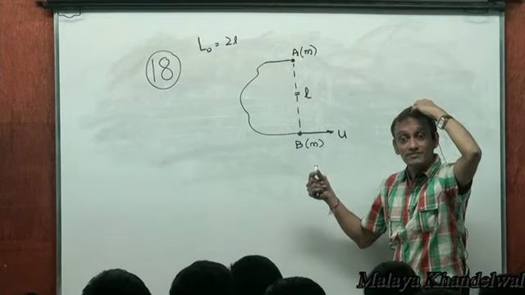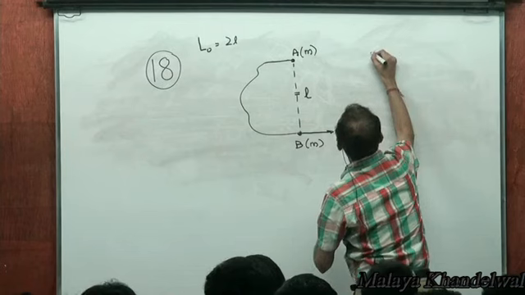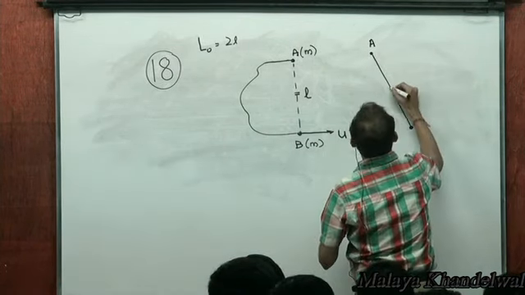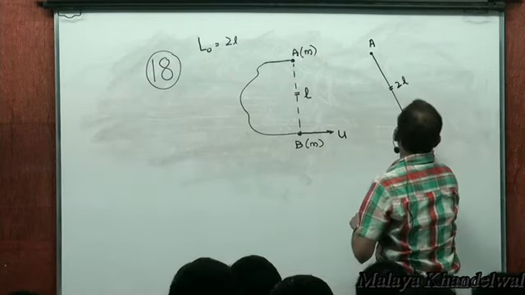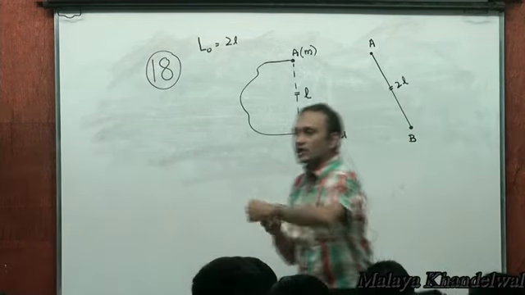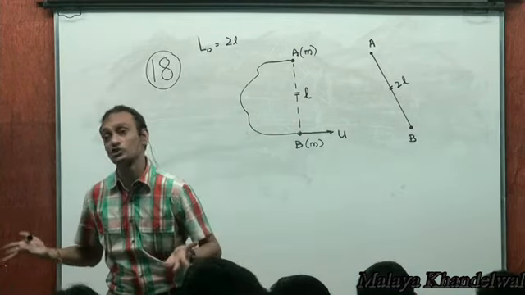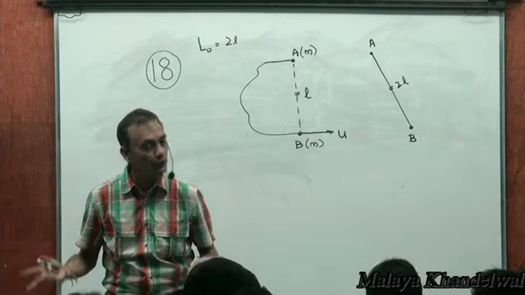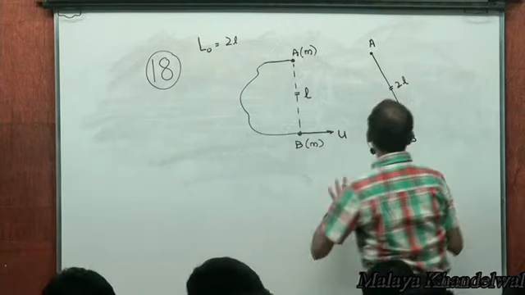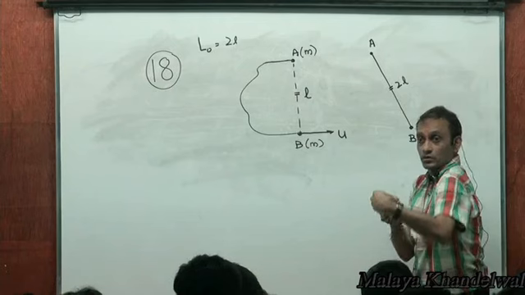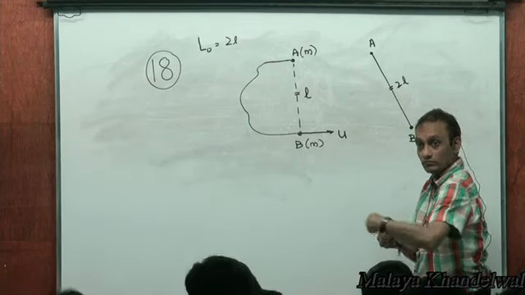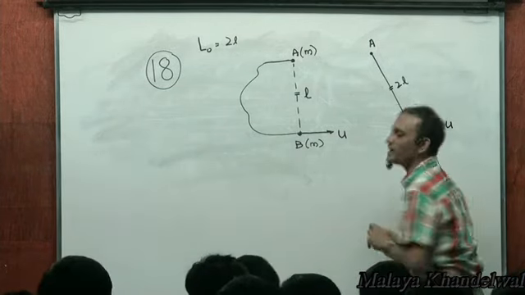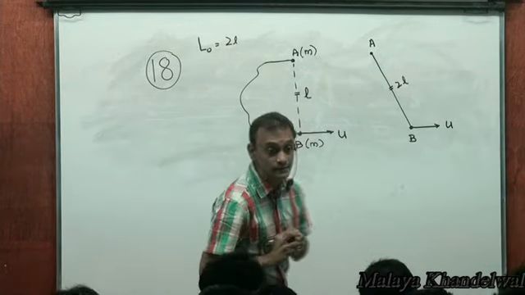Eventually, you would find a state where the string has completely straightened, and the direct distance between A and B is the length of the string, which is 2L. Now at this instant, just before straightening up completely, the mass B has a velocity u to the right. Clear?